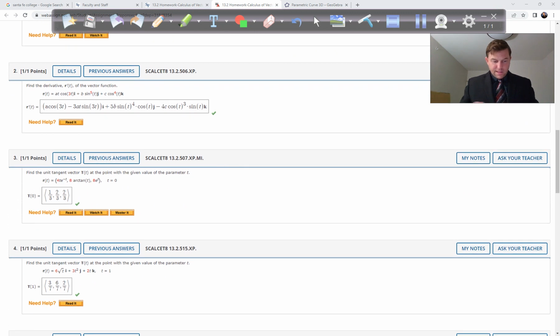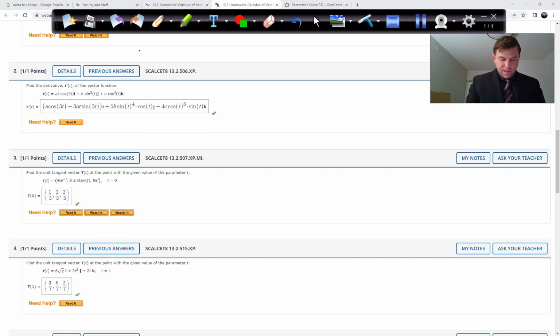Okay, problem 2. Find the derivative of r of t. So we have a pretty big vector equation here. It's a times t times cosine of 3t in the i direction.